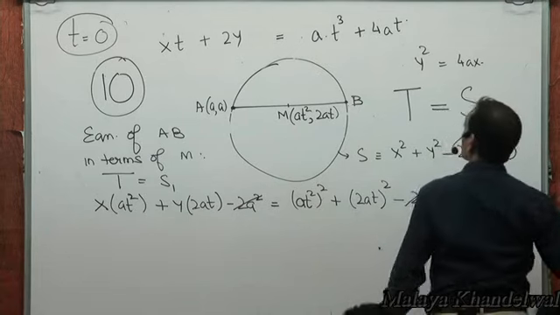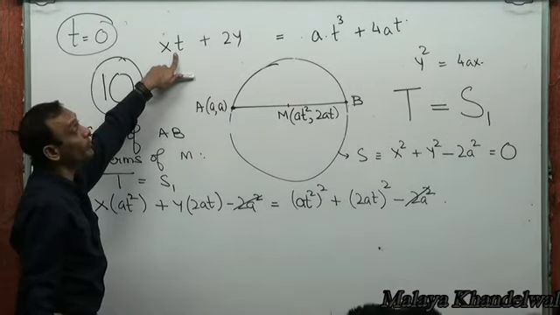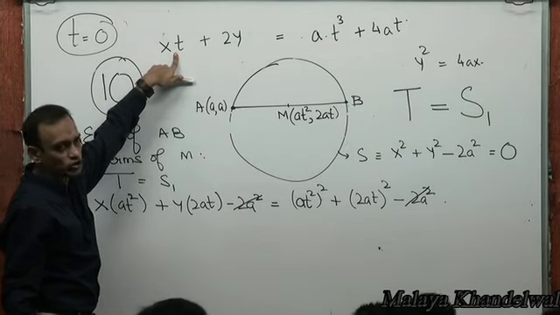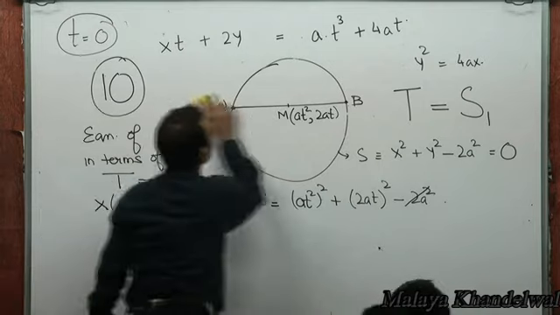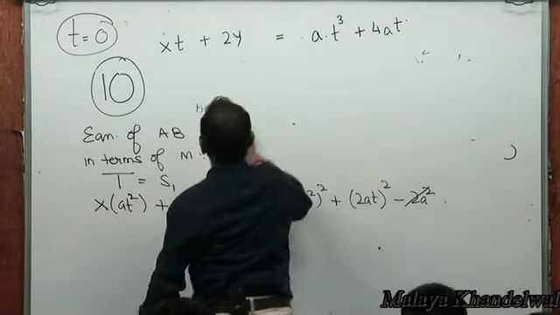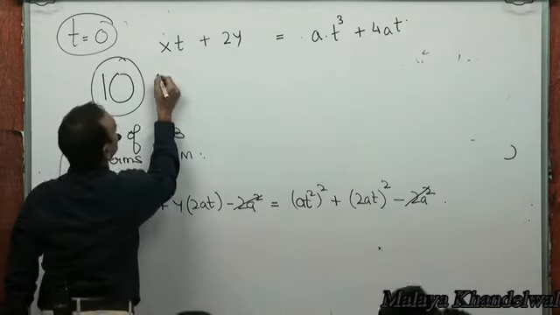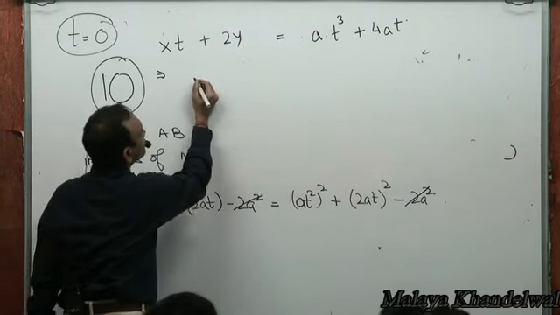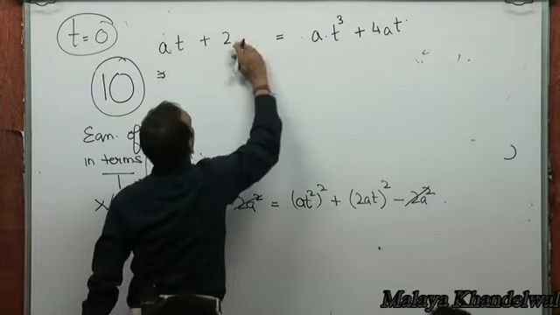Now, this chord passes through (a, a). This chord passes through (a, a). So (a, a) must satisfy this equation. So put x equal to a, y equal to a.